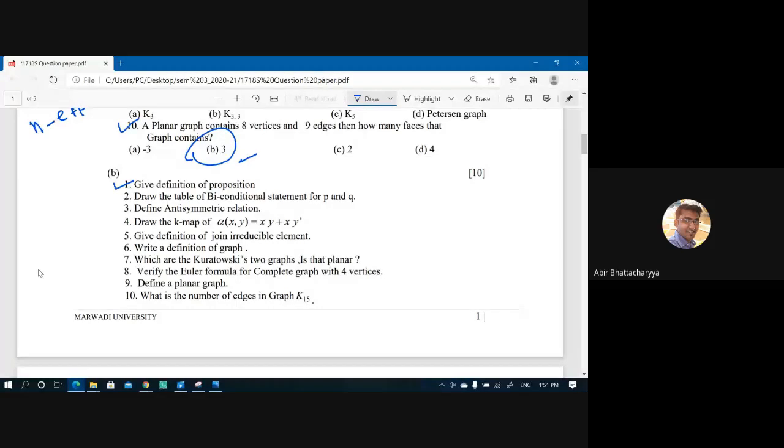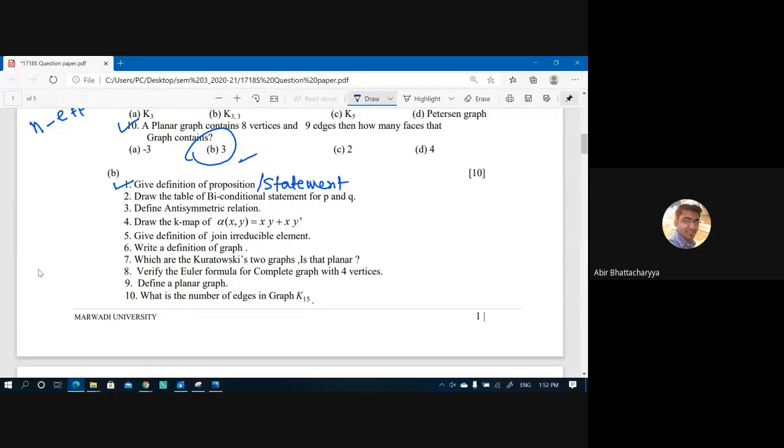What is a proposition? Another word for proposition is statement. So proposition is a statement. You can write the definition of statement as well.